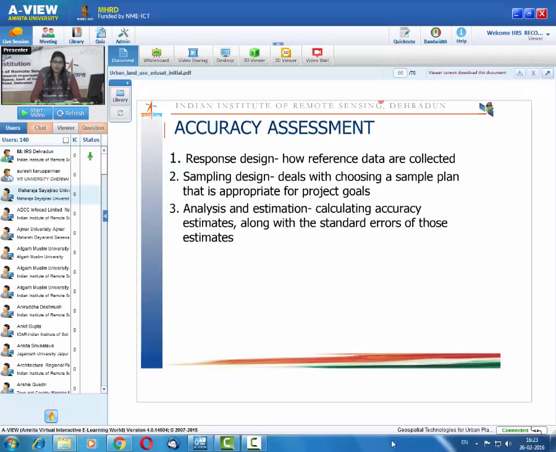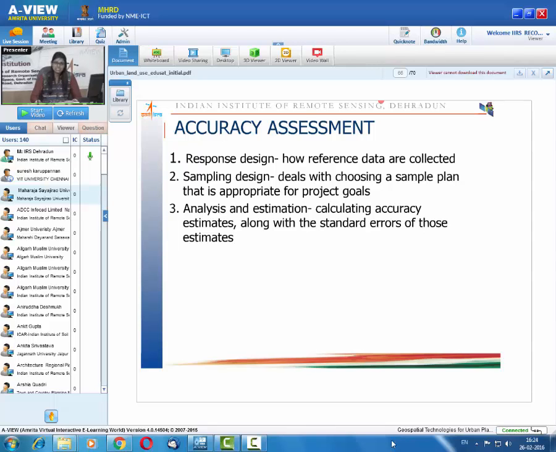Otherwise, it is performing based on the pixel values or certain set of rules which we are providing in object-based image analysis. So these three kinds of inputs we are providing, and it is giving us the output. Now, how do we say that on ground this pixel belongs to urban only, or that what we have obtained as a classified image is the correct classification schema or not? So for that we go for accuracy assessment.